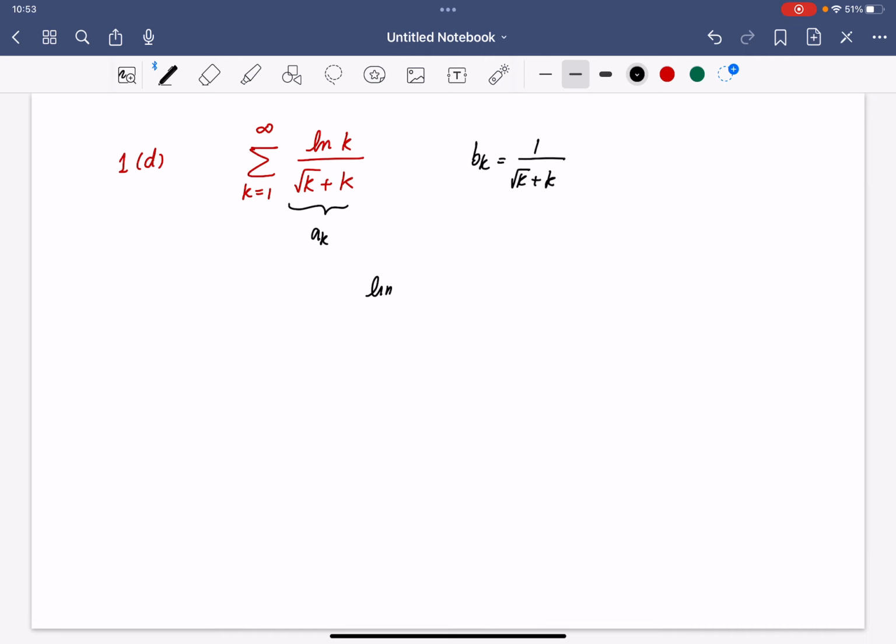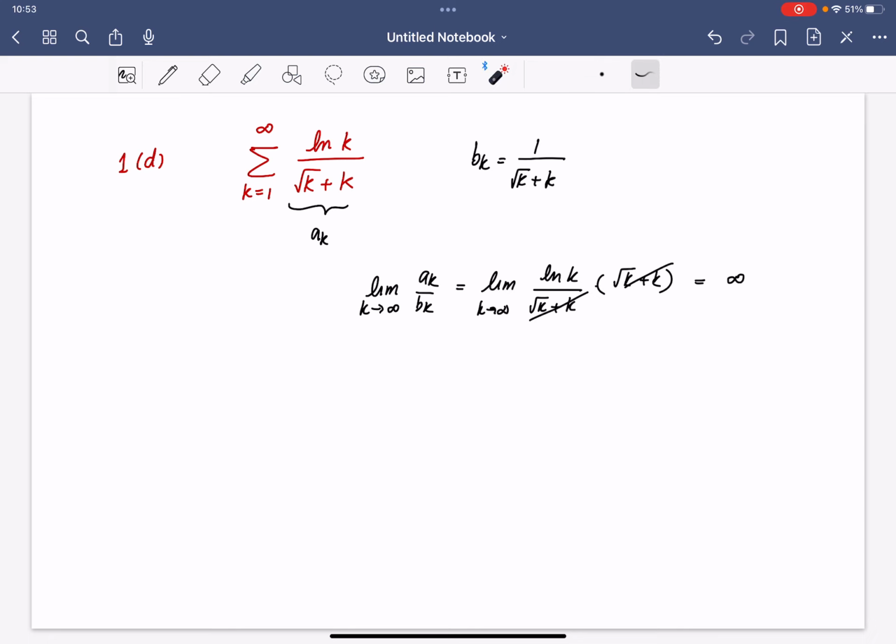But when you take the limit of a_k over b_k, you get the limit of log k over square root k plus k, then you cancel and get infinity. That is actually correct. And if you claim that this is divergent, you get full credit.